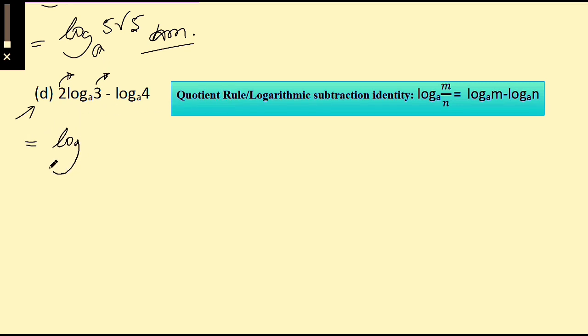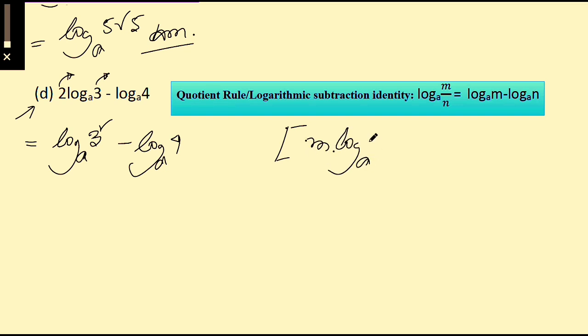So if we send this 2 to the power of 3, then we will get log 3 square to the base of a minus log 4 to the base of a. We know from the power rule of log that m times log n to the base of a can be written as log n to the power m to the base of a. This is called the power rule of log.